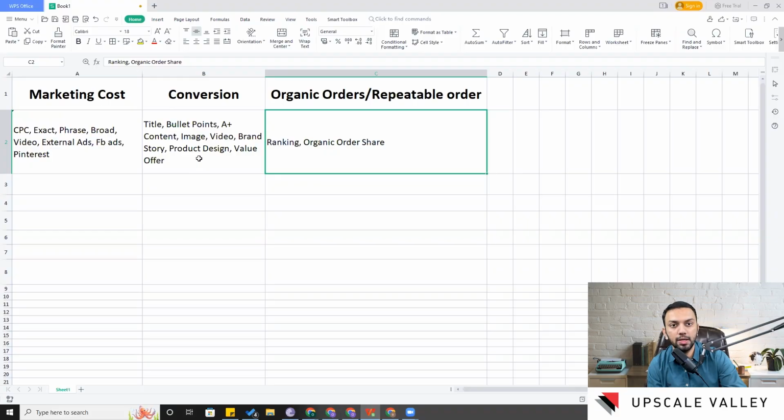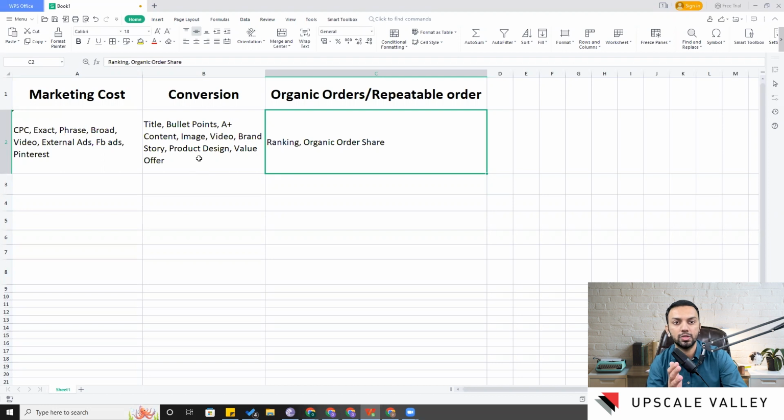Because let's say you are getting all orders from PPC and your TACOS is pretty expensive, around 70%, and you are getting zero organic orders. After maybe 1 month, or 1.5 months, or maybe 2-3 weeks, once you get ranked on a couple of keywords and your organic order share reaches 50%, like 50% PPC orders and 50% organic orders, your TACOS is going to decrease to half by itself.